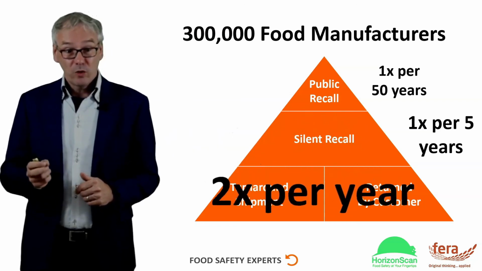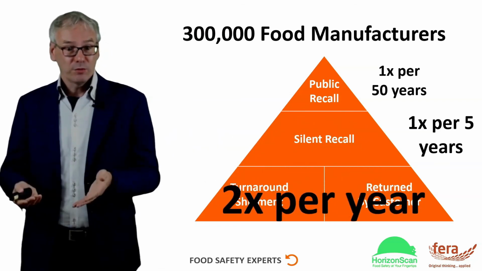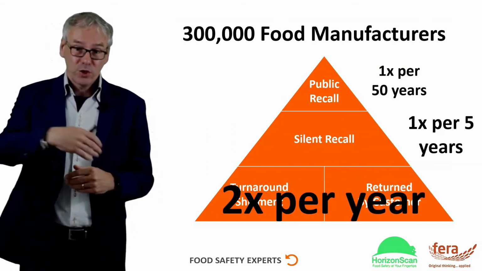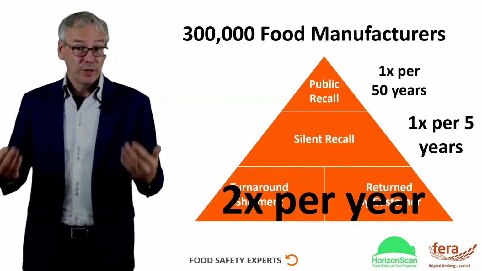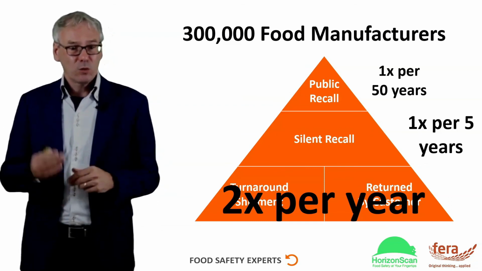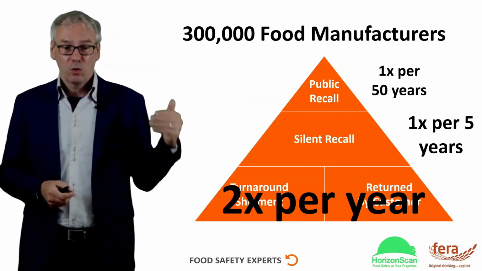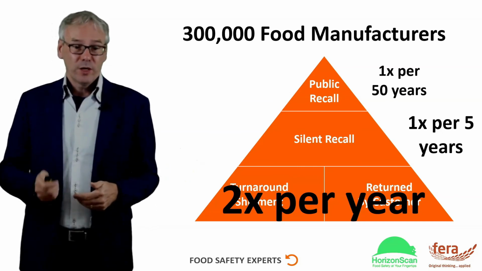But 2 times per year, they will actually have a close shave. They will return the product from their customer or divert the shipment back to their own factory. And that's why we think it's really important that all these recalls, whether it's a public recall, a silent recall, or a return shipment, should be treated equally in your organization.